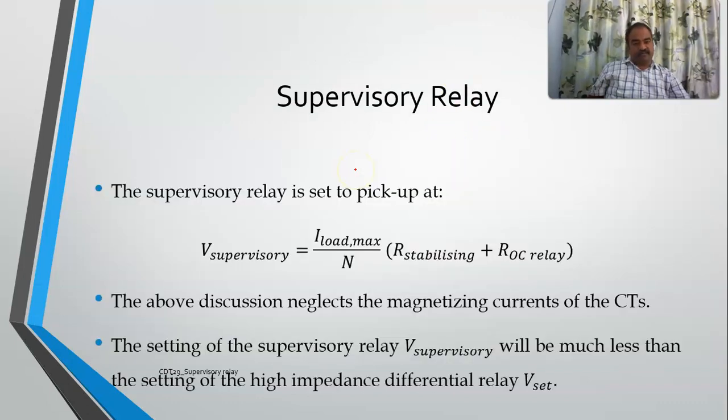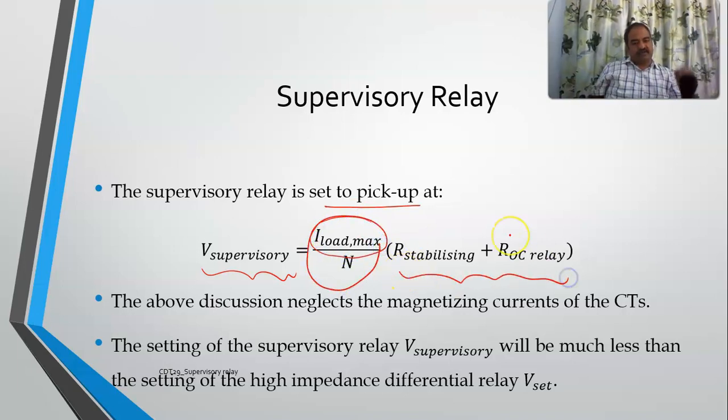Normally, it will be open circuit. So the supervisory relay is set to pick up at a voltage which is equal to the maximum current into the resistance which is flowing in the circuit. This is what I have shown here, isn't it? I am neglecting magnetizing currents.